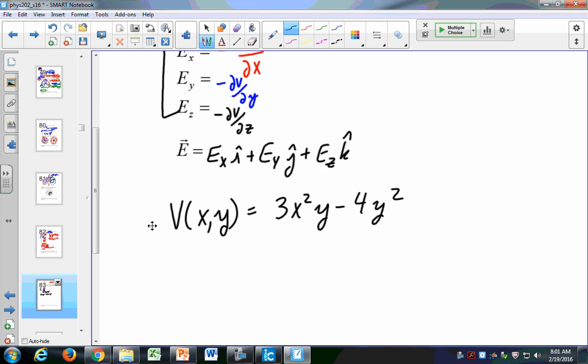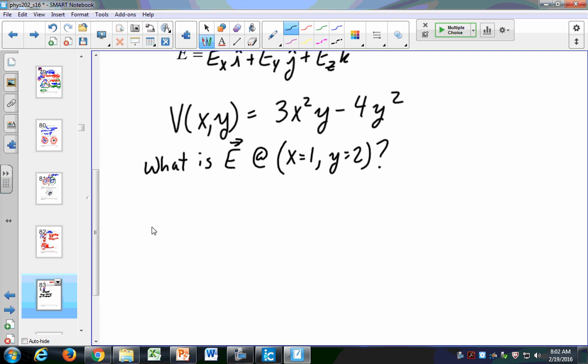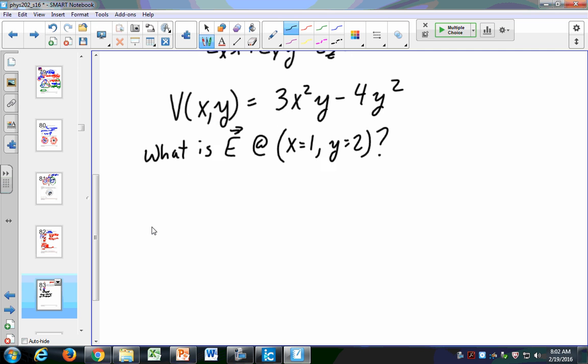And I want to know what is the electric field at a certain position, let's say x equals 1, y equals 2. You'll probably see a question on the test like this, where I just give you a potential function and I ask you what is the electric field. Once you do it a couple times, it's not that hard, especially if you know how to do derivatives.